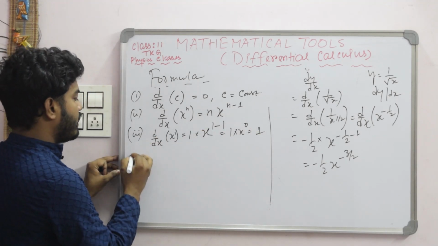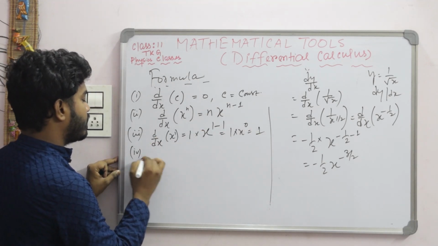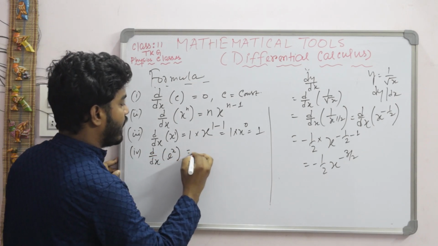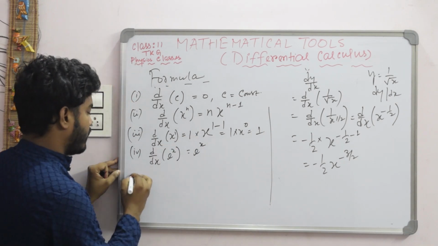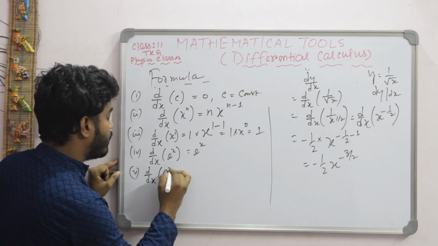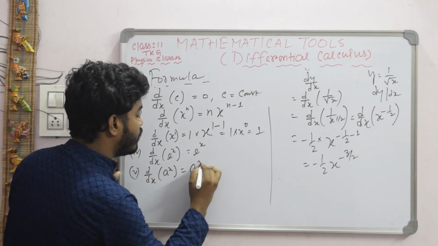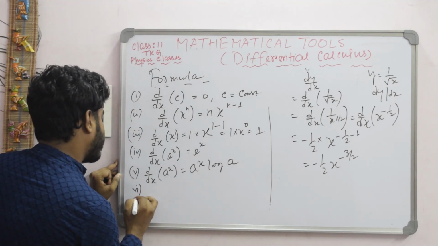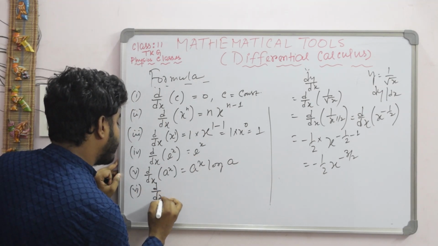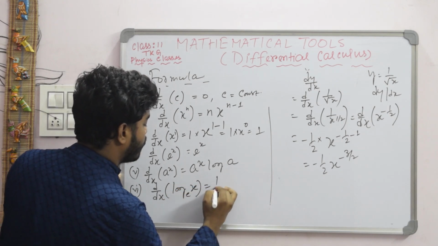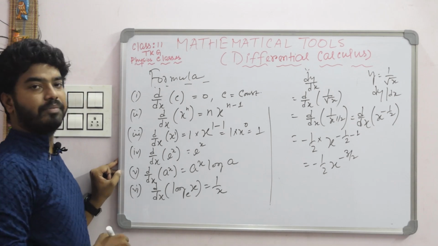Similarly, there are some more formulas. d/dx of e to the power x, the answer is e to the power x. d/dx of a to the power x, the answer is a to the power x log a. 6: d/dx of log x, the answer is 1 by x.